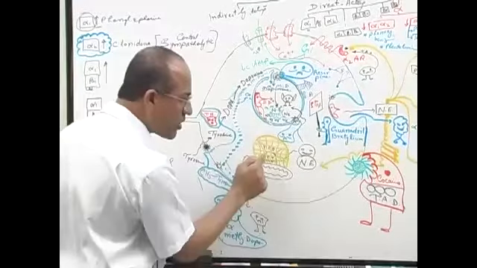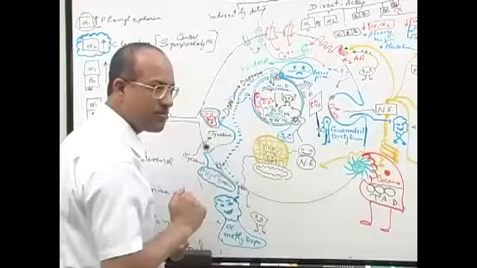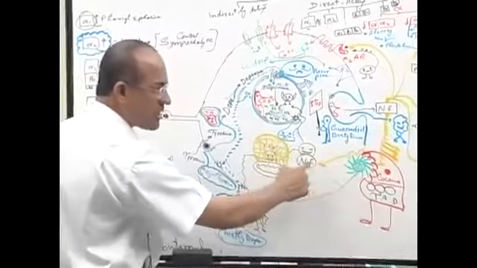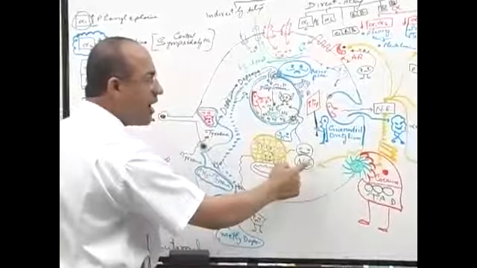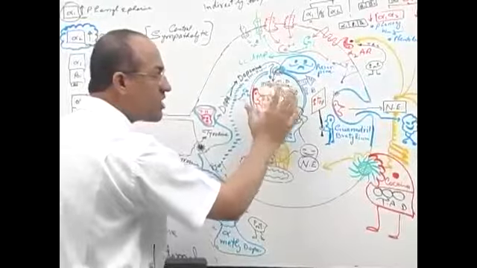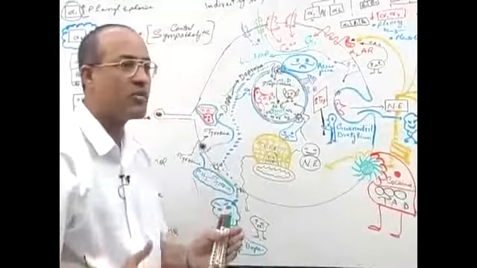But if a drug blocks the monoamine oxidase system, then whatever is reuptaken will all be stored there, and the neurotransmitter stored in the vesicles will be very high.